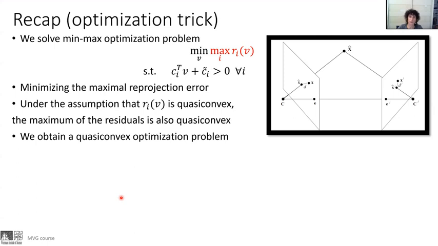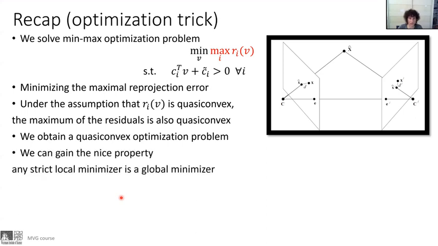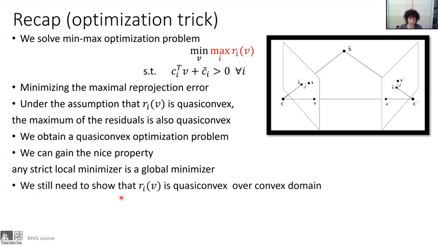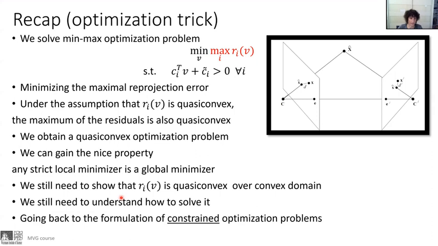Then we obtain what we call a quasi-convex optimization problem, which I'm going to define in a minute. We get the nice property that any strict local minimizer is a global minimizer. We still need to show that the residual is quasi-convex over a convex domain. And we still need to understand, even with this property, how we are going to solve it. This takes us back to the formulation of the constrained optimization problem, and we are going to discuss it.